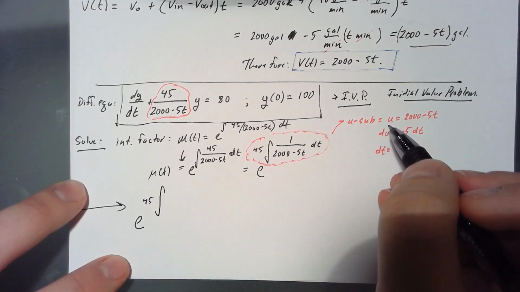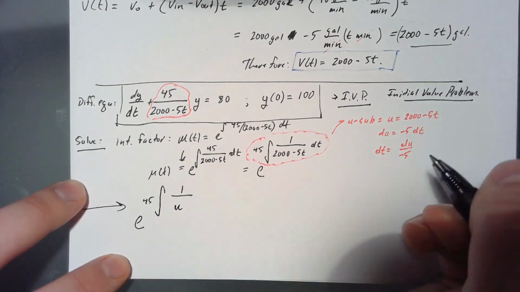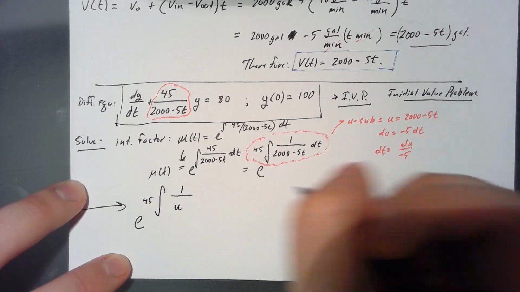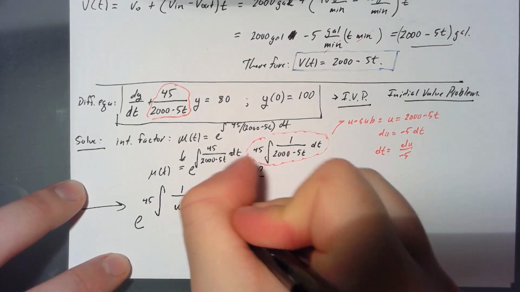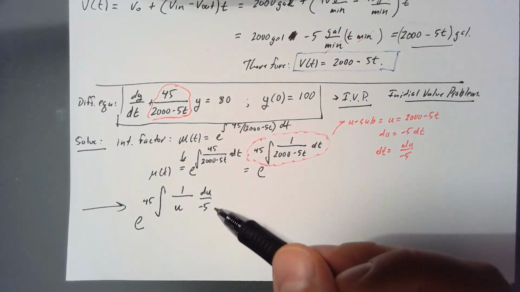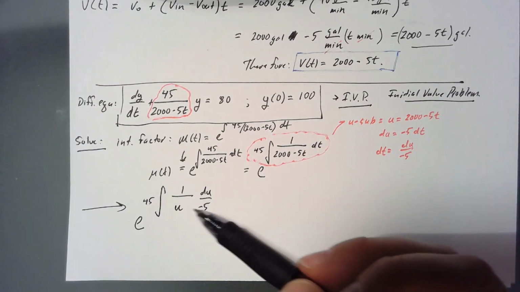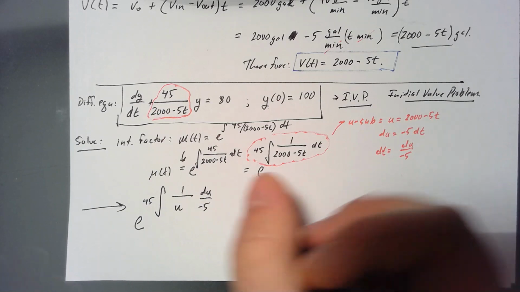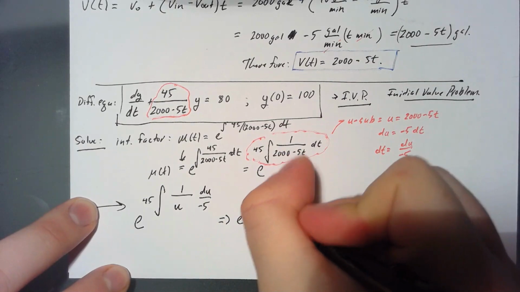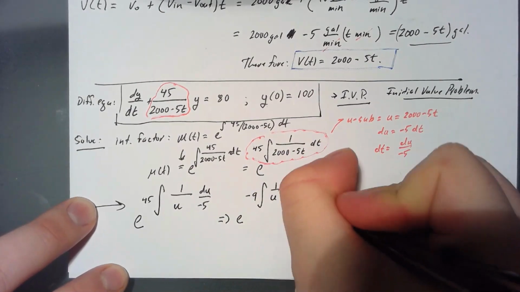And now my integral is going to be 1 over u, and dt is du over -5. That's nice. So I have 45 over -5, which is just -9. So this will be e to the -9 times the integral of 1 over u du.